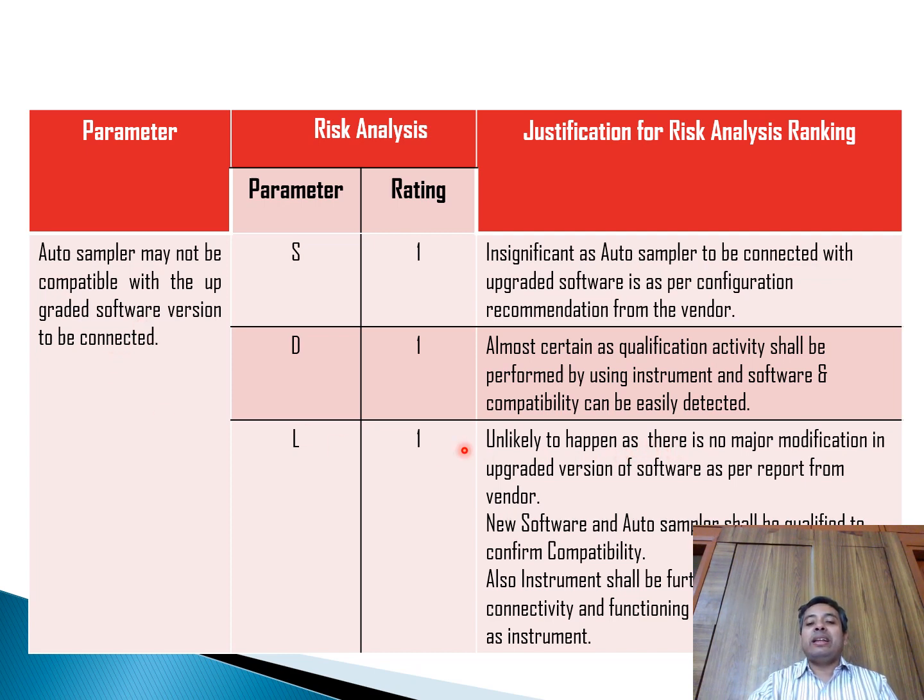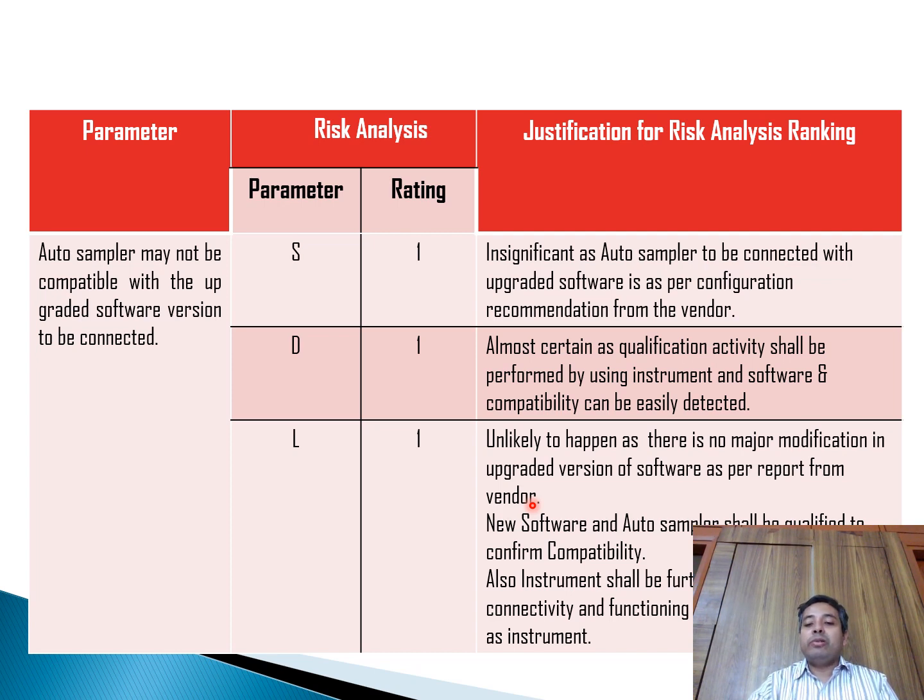And why is the likelihood of occurrence given a score of 1 and it is unlikely to happen? As there is no major modification in the upgraded version of software as per report from vendor. New software and autosampler shall be qualified to confirm compatibility. Also, instruments shall be further calibrated to confirm connectivity and functioning of the autosampler as well as the instrument.